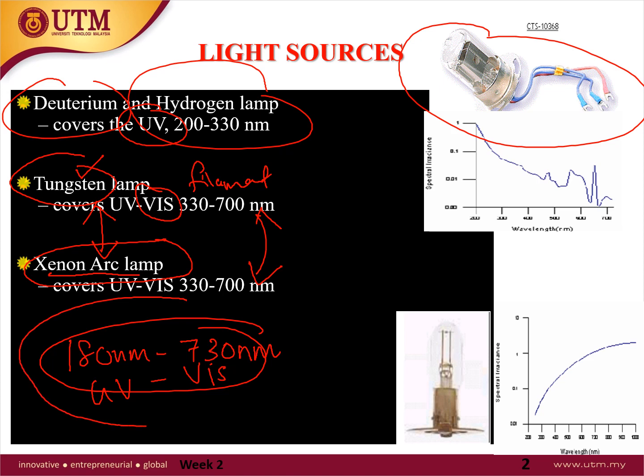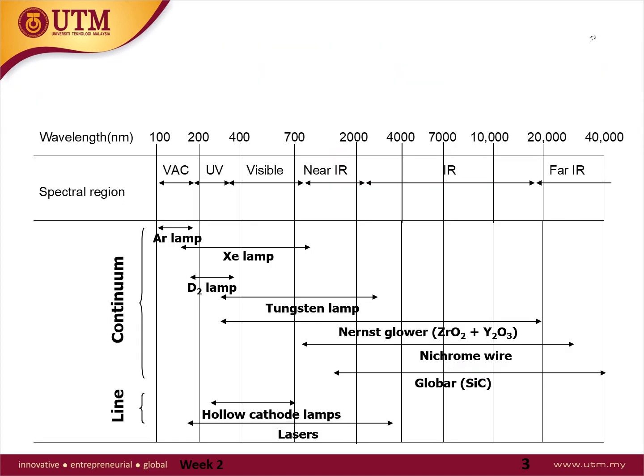The one that can cover everything here is what we call the hollow cathode lamp. The hollow cathode lamp is a line radiation source, whereas the xenon arc lamp, the deuterium lamp, as well as the tungsten lamp are continuum light sources. In a line light source, the energy given out is continuous and never reaches a gap during the radiation.